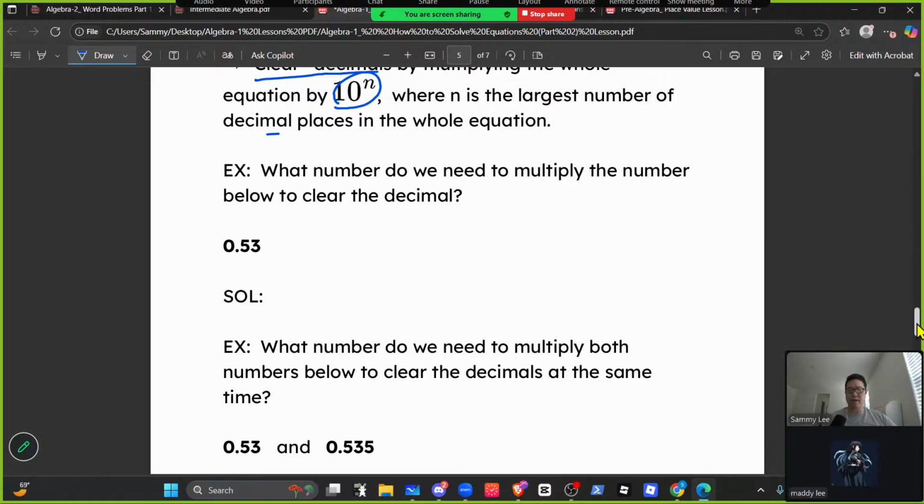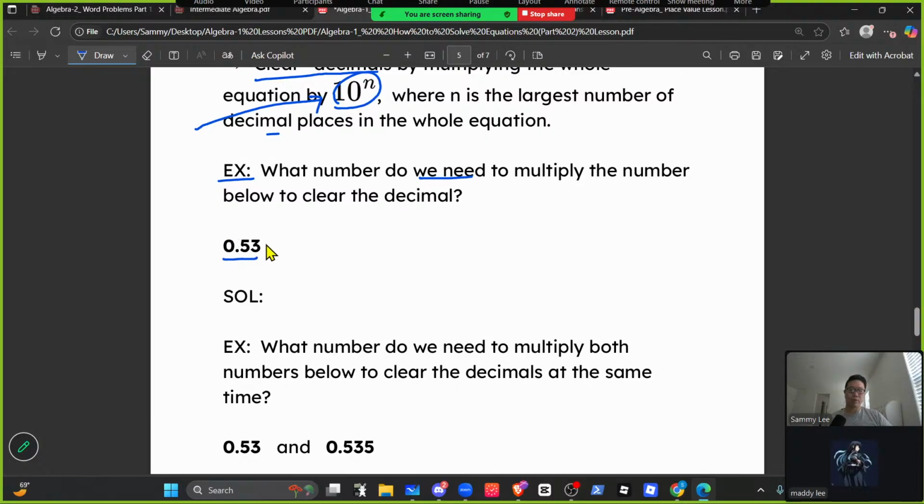But before we do that, let's work with some decimals a little bit more. In this example, it says, what number do we need to multiply the number below to clear the decimal? So we have 0.53. I said you have to multiply by 10 to the nth power, where n is the number of decimal places you have.